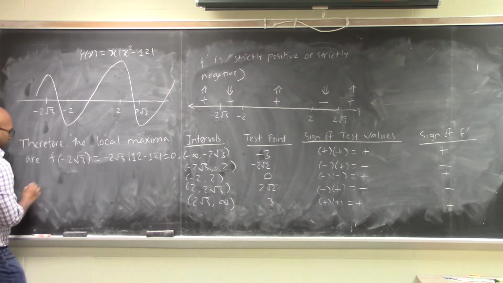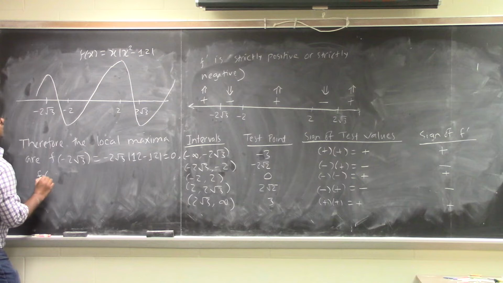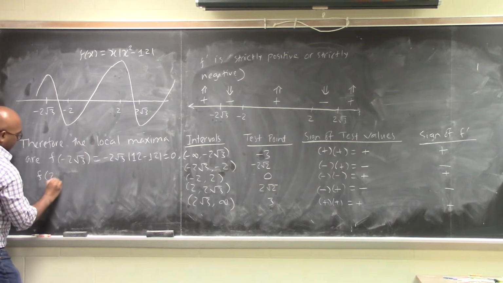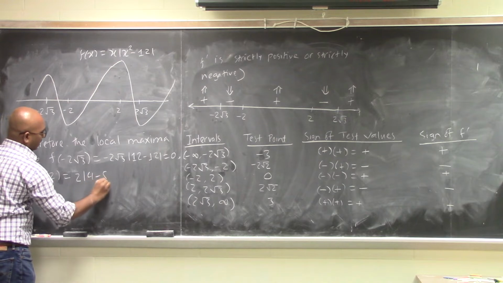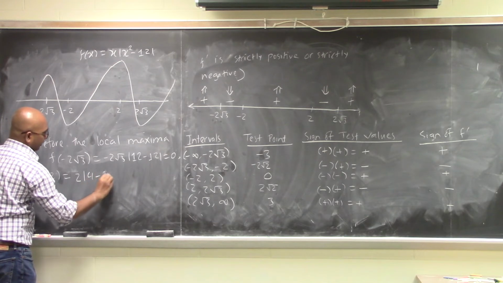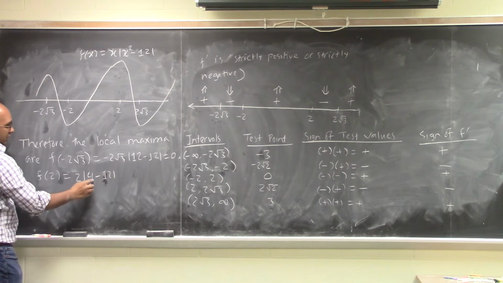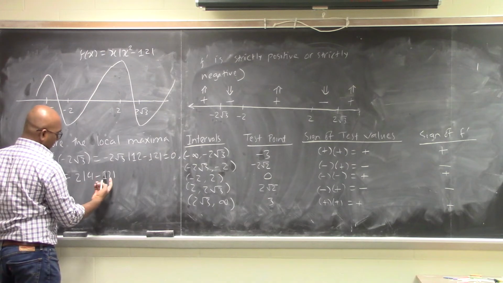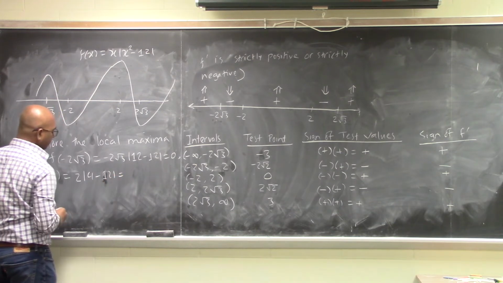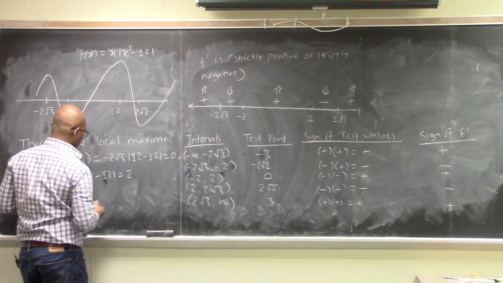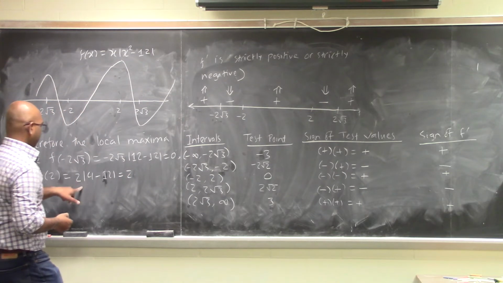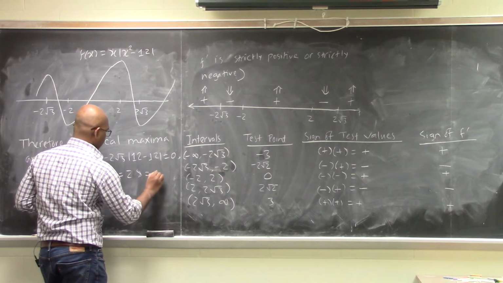Okay? So this 0 is a local maximum. Okay, and what? f of 2. So this is 2 times 2 squared, which is 4, minus 12 in the absolute value. So this is negative 8, but you have absolute value, right? So this is going to be 2 times 8, which is 16.